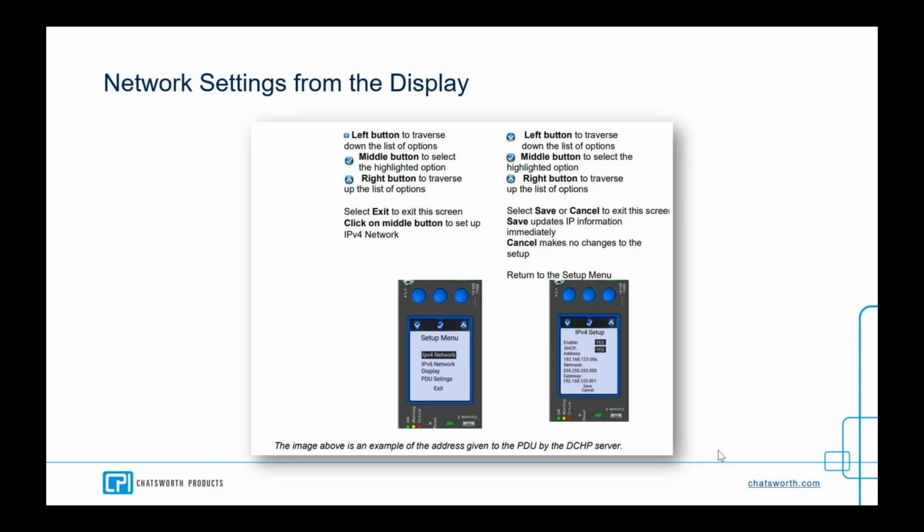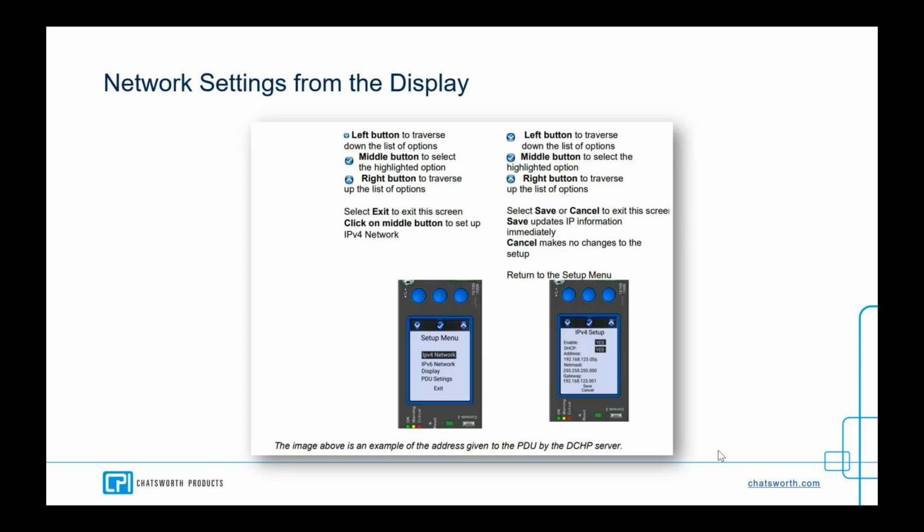Then the middle button lets you select the option you want, let's say IPv4. Here you can use the left button to go through the options and the middle button to select it. Then you'll notice the display shows options to enable IPv4 and the DHCP. It will also let you make changes to the IP address and related settings.